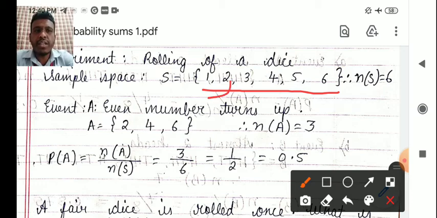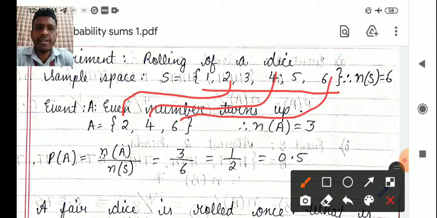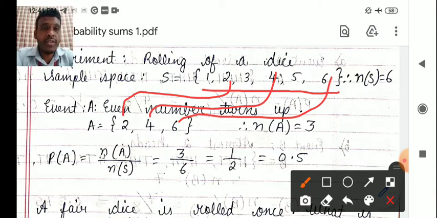Those even numbers will come in this set: 2, 4 and 6. Any other number left out which is even? No. So set A consists of 3 numbers, 2, 4 and 6. So n of A is equal to 3.